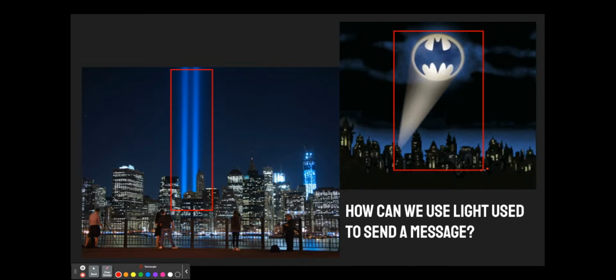So they shine that symbol using a huge spotlight to message that we need you, Batman. So people have been using different creative ways to remind people about things, send messages to members of the community in this way for years and years, both in real life and in fiction.